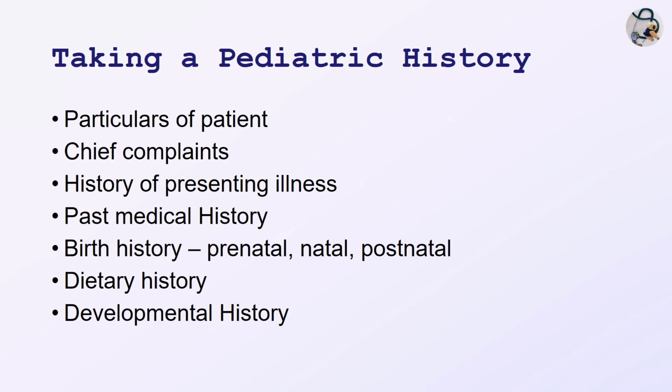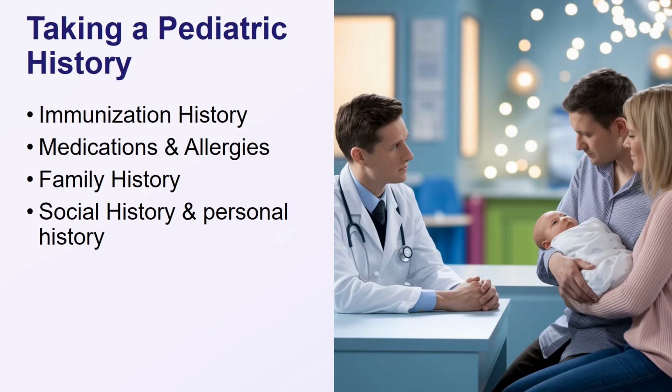So while taking the history, you start with the particulars of the patient, then you ask for the chief complaints, then history of presenting illness, then comes past medical history, then you talk about the birth history, prenatal, natal and postnatal, then you take a dietary history, then developmental history, followed by immunization history, medications and allergies, family history, social history and personal history. So now I'll be describing each point in detail.